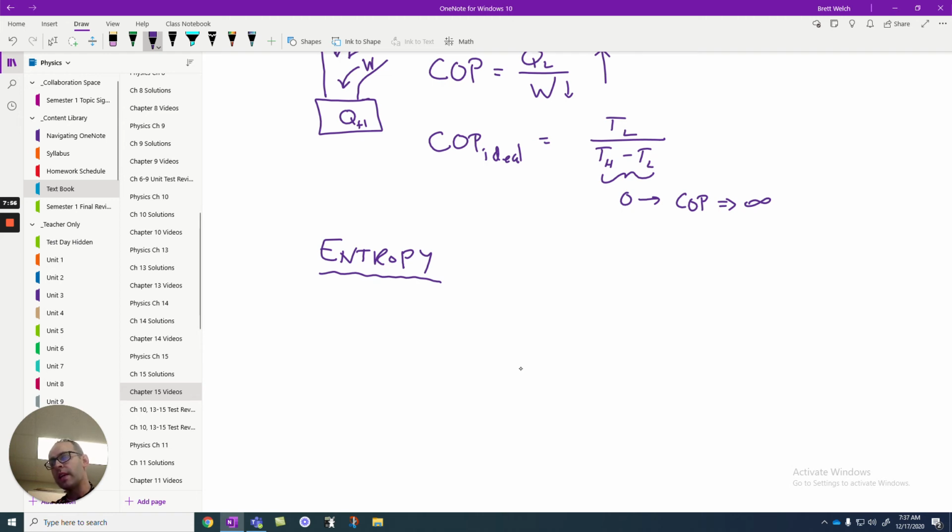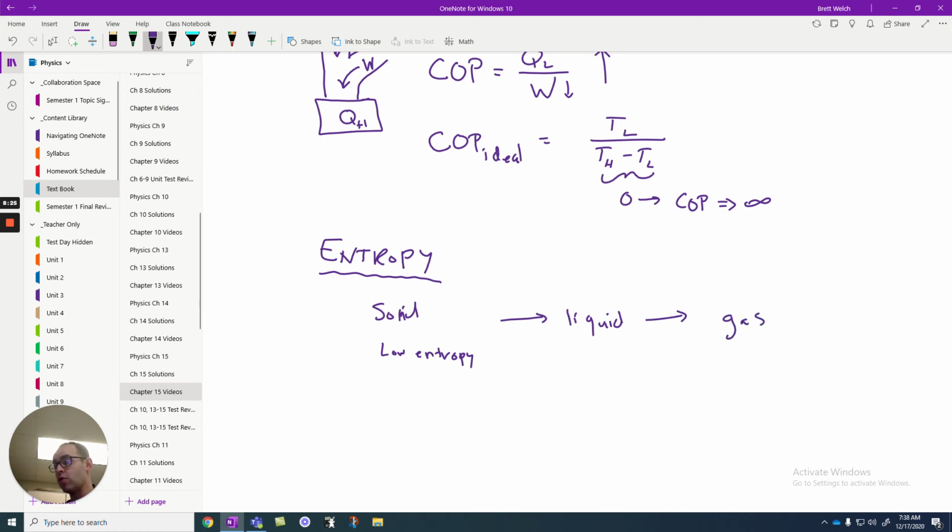So one of the ways we can talk about that is the nature of our different phases. If you think about a solid structure, it's very organized. That means that we would have low entropy. But as we go to a more disorganized state, like a liquid, or even more to a gas, gases are very disorganized.